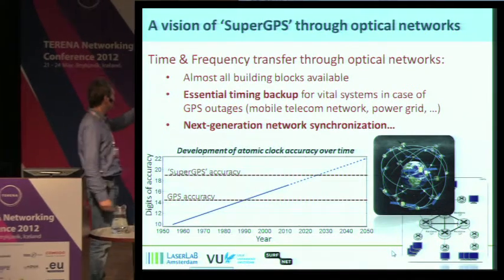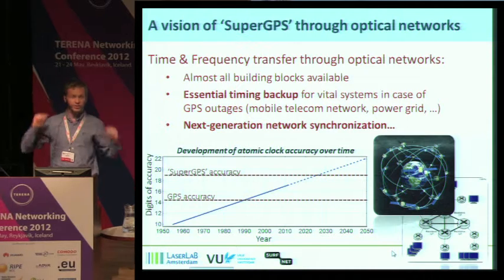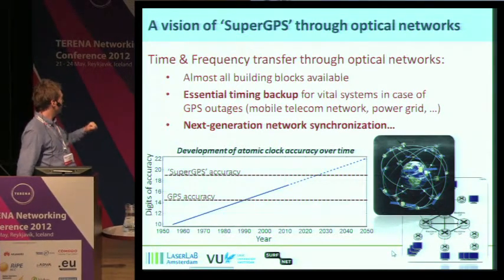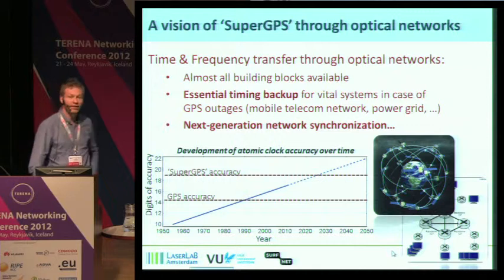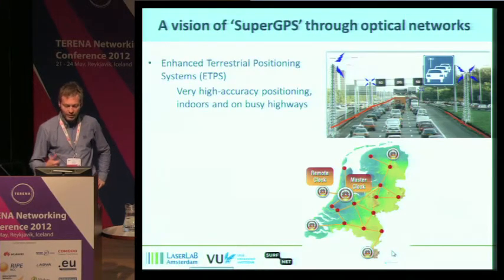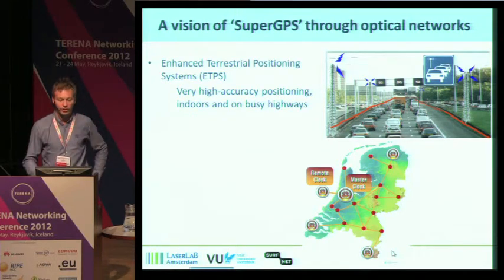So just to illustrate how accurate this super GPS could be, it's illustrated in the same plot that I've shown before. It's expected that it will be able to achieve some 19 digits of accuracy somewhere in the course of 2020, 2030 or so. And then you can think about enhanced terrestrial positioning systems.